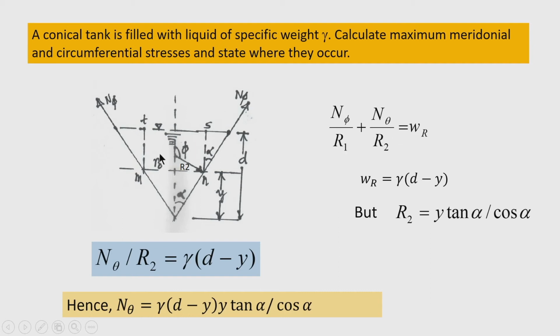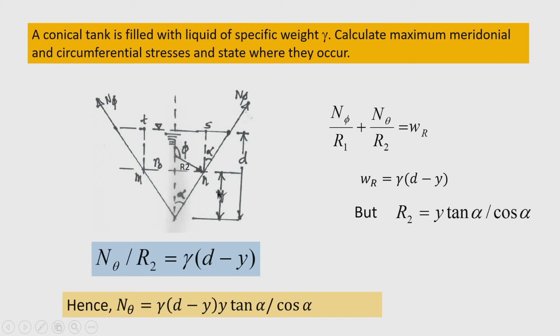W r is the load along the radial direction. Now, you can see the water pressure here is the W r and water pressure acts equally in all directions according to Pascal law. So, therefore, W r equal to gamma into d minus y.